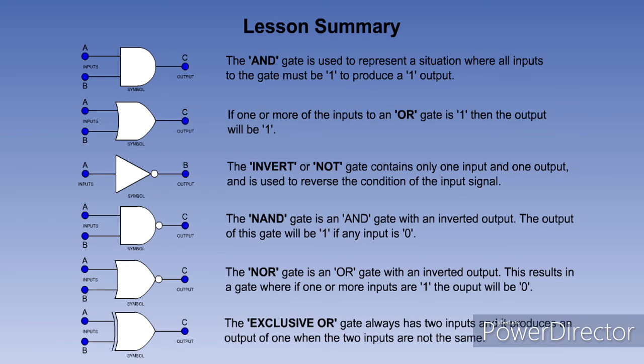The exclusive OR gate always has two inputs, and it produces an output of 1 when the two inputs are not the same. That is to say, for an output of 1, one input must be 1 and the other 0. When you are ready, continue to see a review of the truth tables for the 6 logic gates.